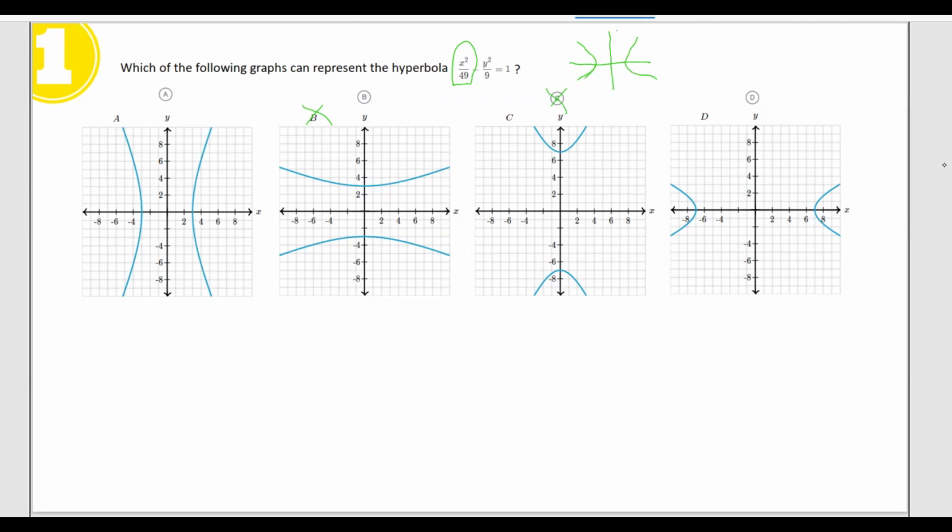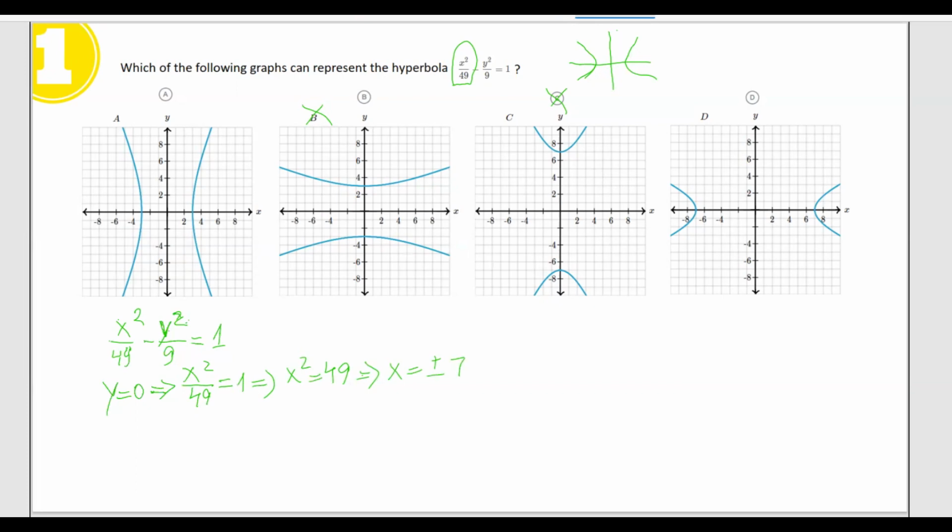So now let's see how we can figure this out. I'll rewrite that equation down here. Let's just set y equal to 0. What do we get? I get that x squared over 49 equals 1. And this means that x squared equals 49, or x equals plus minus 7.